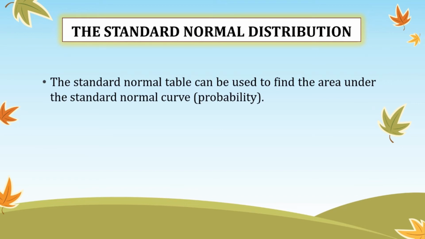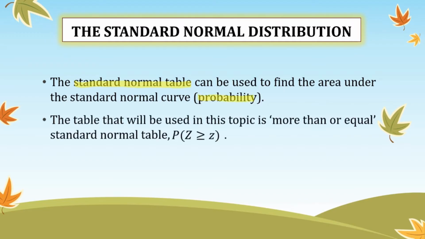The standard normal table can be used to find the area under the standard normal curve. The area represents the probability. The table that will be used in this topic is the more-than standard normal table.